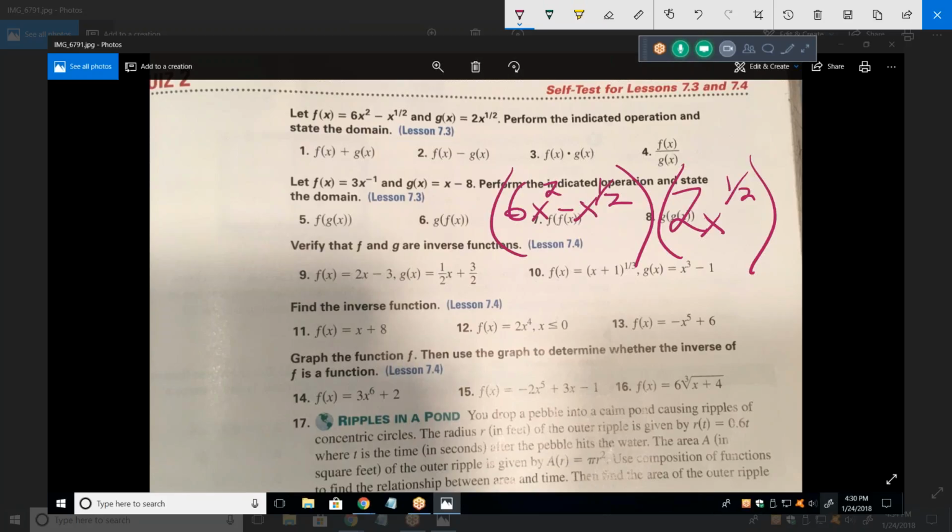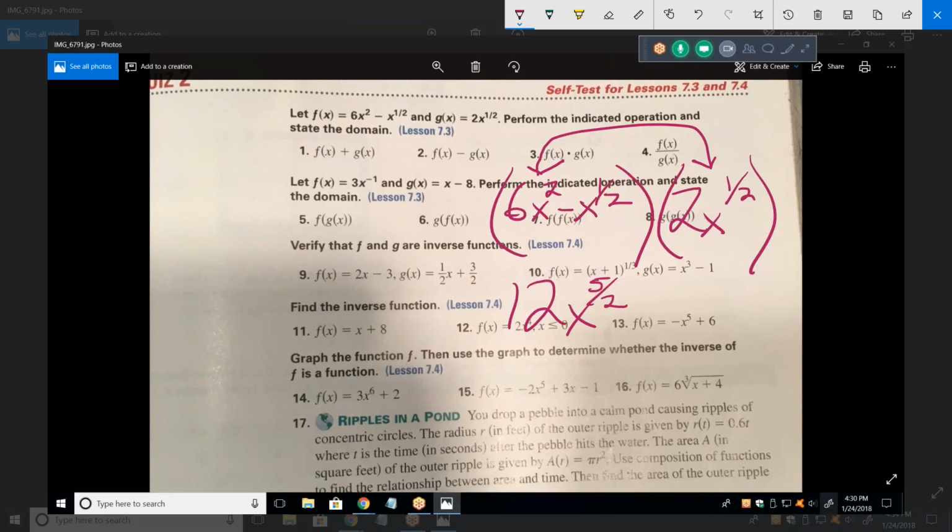So you can do 12x to the what? 2? No. What do you do with the exponents? You add them. Okay, what's 2 plus 1/2? In other words, I'm doing this step right here. 5/2. That's what 2.5 is.